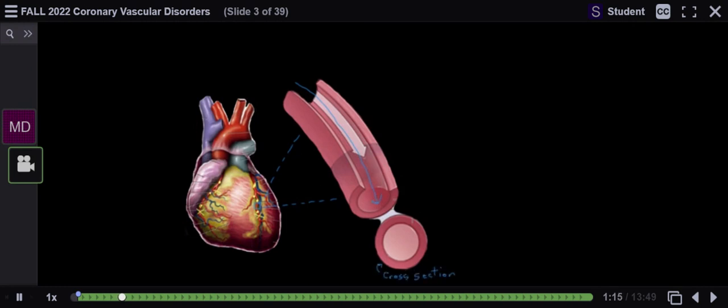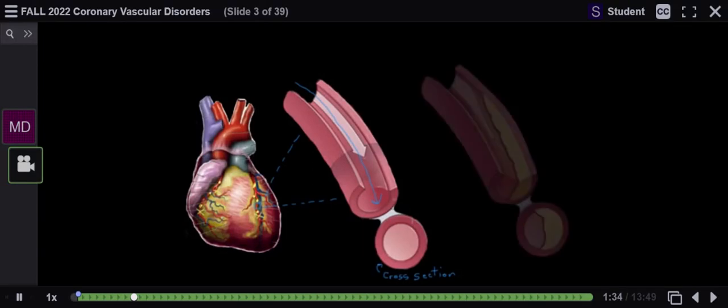As far as we can tell, blood can flow smoothly and nicely through this blood vessel, no obstruction, everything looks good. But when you start getting atherosclerosis happening, your coronary artery might start to look something like this.